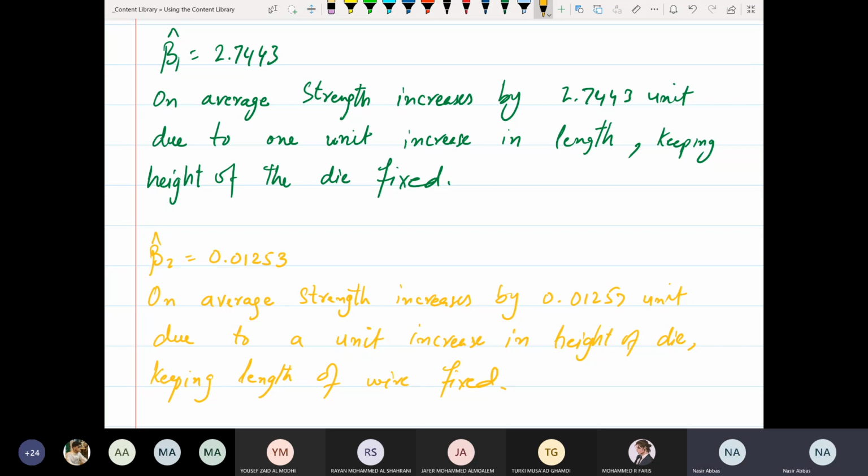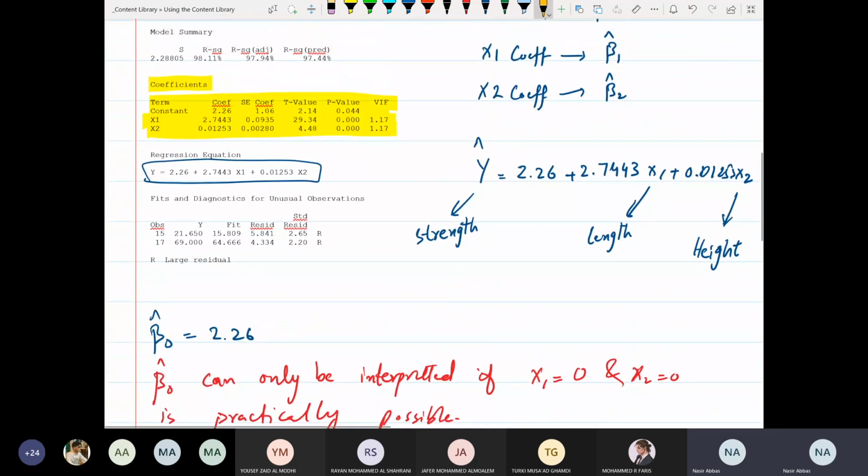So you interpret this one, keeping the other one fixed. This is how you interpret the model.